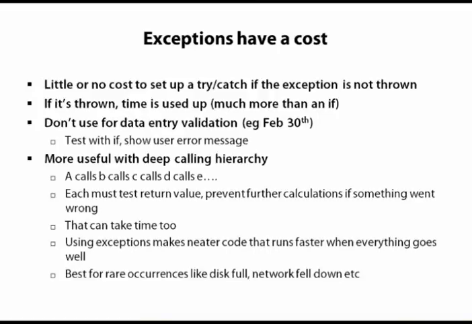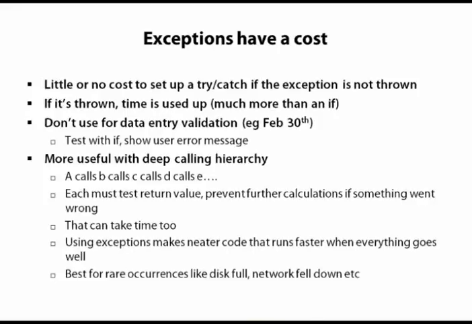For things like, wow, your password was great 5 minutes ago, but your network credentials just became bad because your password's expired, or we had the network when you browsed, but the network has stopped and fallen down, or that file has disappeared, the hard drive's full, we're out of memory. These are really rare occurrences, and those are the best ones to use exceptions for.